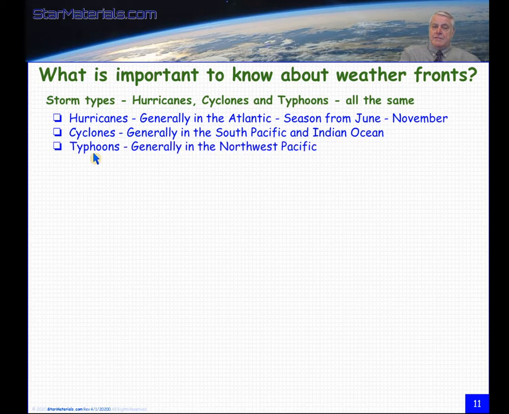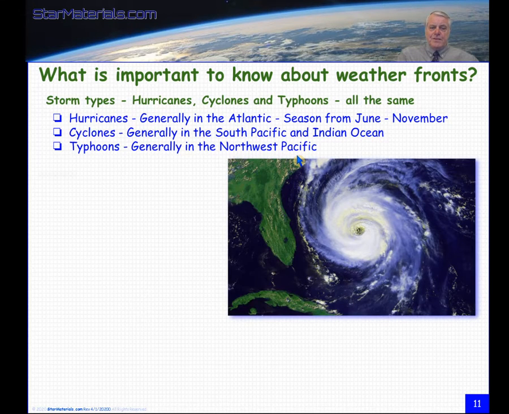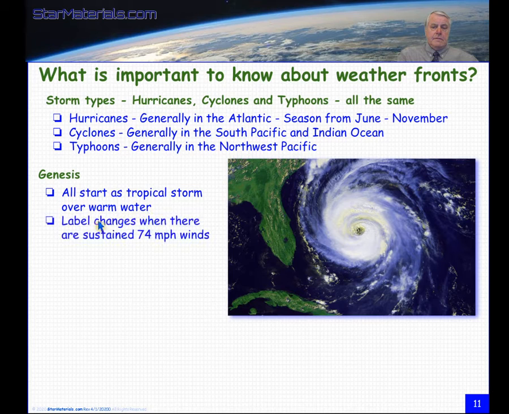And typhoons are generally in the Northwest Pacific. So they're all the same. The genesis, where they come from. They all start as a tropical storm over warm water. The label changes from a tropical storm to a hurricane when there are 74-mile-an-hour winds.